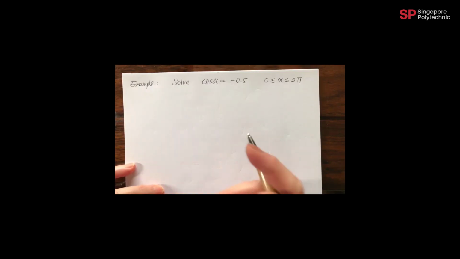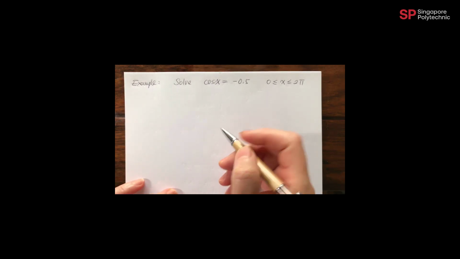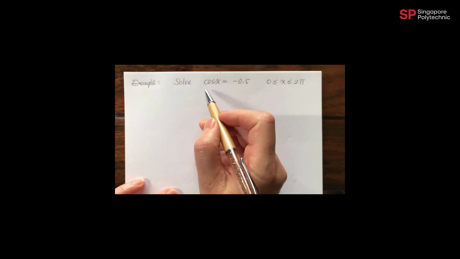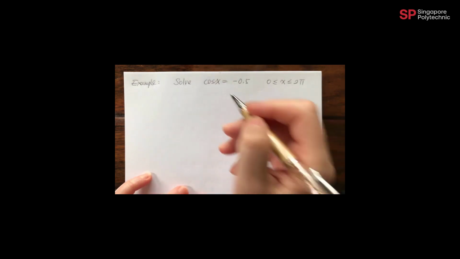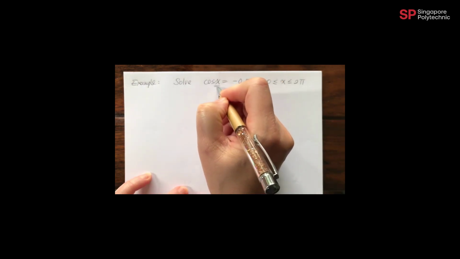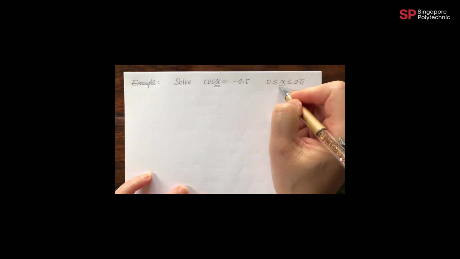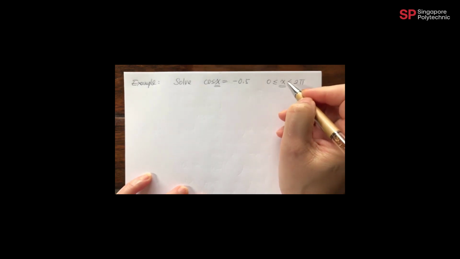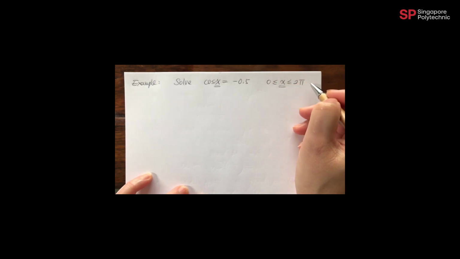Okay, let's solve this particular example. Now, in our example, cosine x is already the subject, so we don't have to make it a subject anymore. Just check that the angle x and the angle in the given range match. Therefore, there's also nothing I need to adjust for the range. The only thing I need to pay attention to is that the angle is now measured in radians. So check the calculator, make sure it's in radian mode.